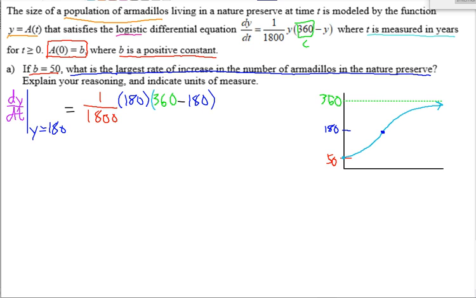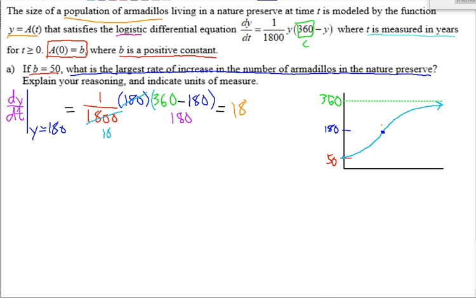So let's see if we can simplify this. Well, you can see 180 goes into 1,800 10 times, so that's 10 in the denominator. 360 minus 180 is 180, and 180 divided by 10 is 18. So it's not always going to be an integer, but this one is. So you get 18. That would be the actual slope right here where it's the steepest.